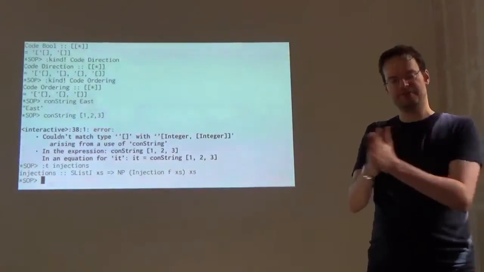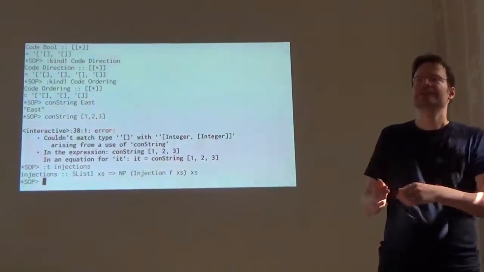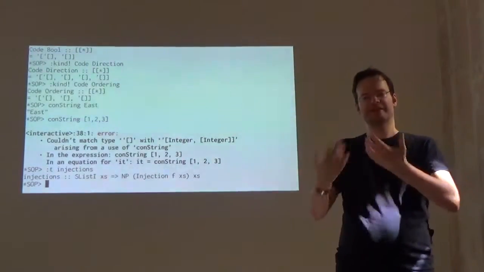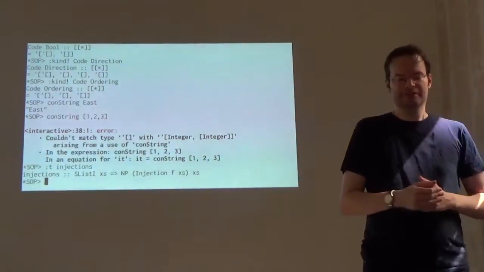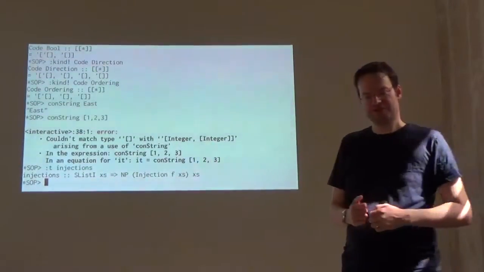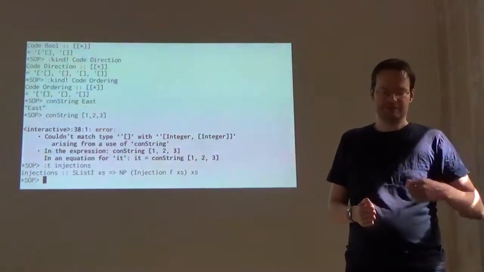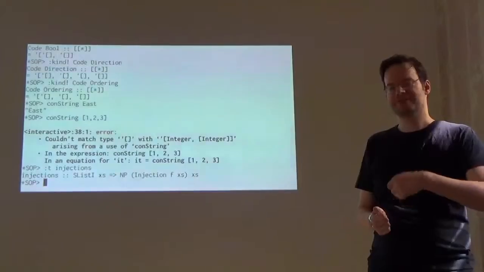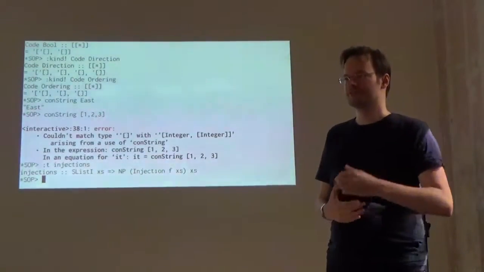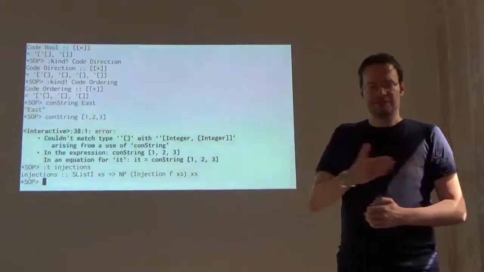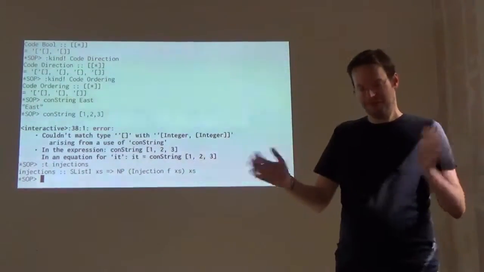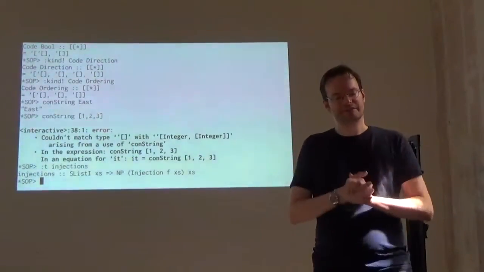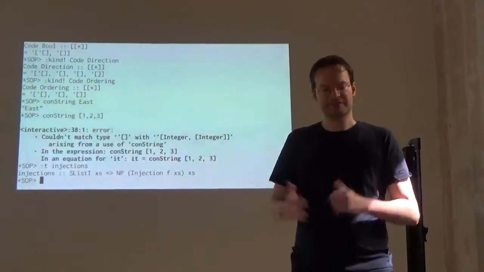So for every constructor, you're getting one injection function that you can apply to suitable arguments of that constructor in order to create a value of that constructor. So essentially, injections gives you a product where the first element constructs a value of the first constructor of the data type, the second element constructs a value of the second constructor, the third constructs a value of the third, and so on. So ultimately, you get almost exactly what we want, because we want a product containing all the values of the data type constructed by the different constructors.